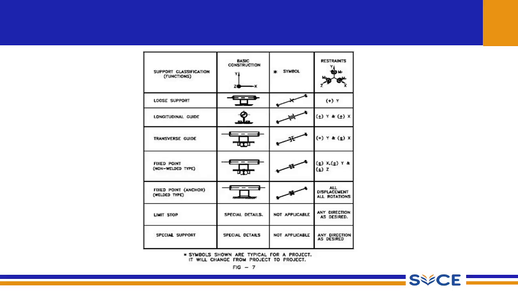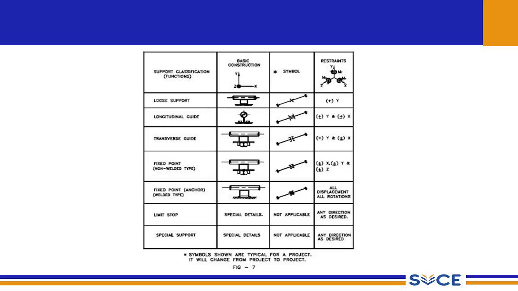In this case, the pipeline can move along the Z direction, but it fails to move along the X and the Y direction. The symbol provided is shown in the diagram. These longitudinal guides or the loose supports are shown by these two symbols that are indicated in the P&ID diagram.